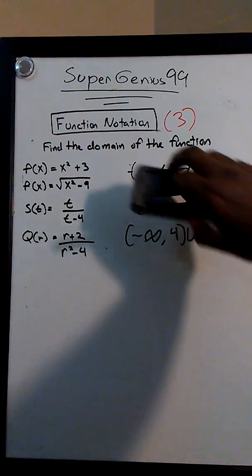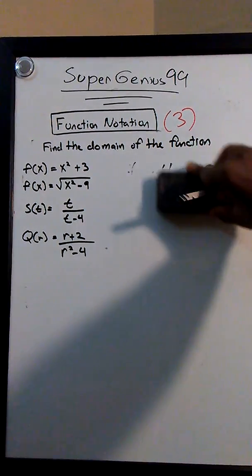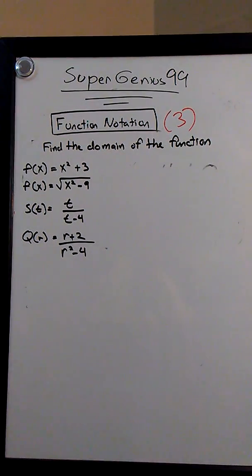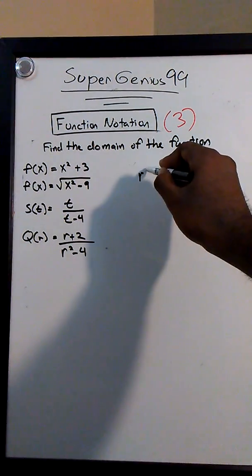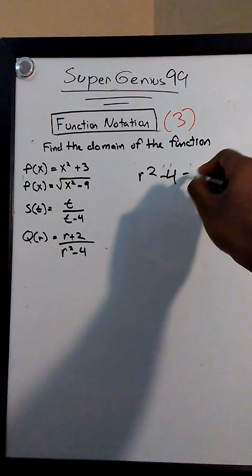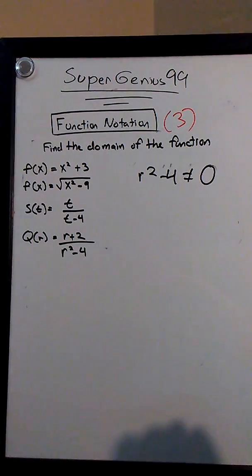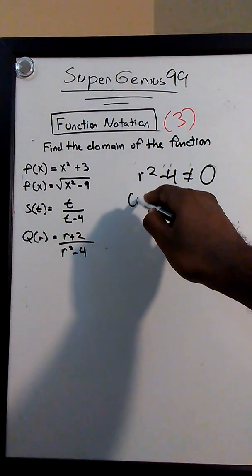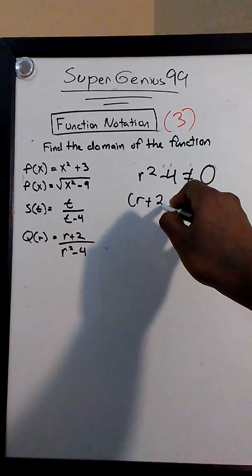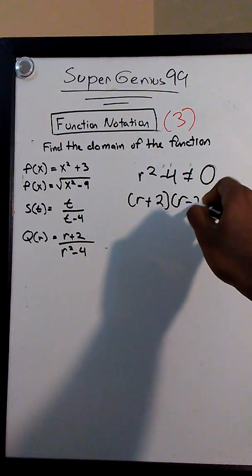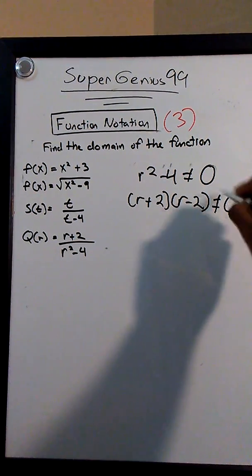Let's do the next one. And what is the domain here? Once again, we have a fraction, so we have to make sure the denominator does not equal 0. So r squared minus 4 cannot equal 0. And r squared minus 4 is composed of r plus 2 times r minus 2, which cannot equal 0.